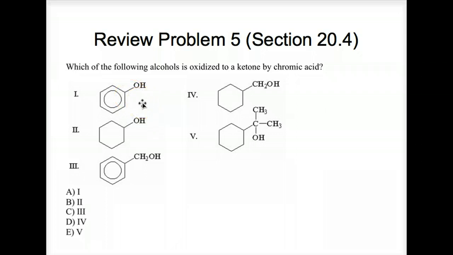It cannot be oxidized to a carbonyl group because there's no hydrogen on the carbon to which the OH is bonded, that one right there. In this case over here, this is a primary alcohol, so we can eliminate it. Chromic acid with a primary alcohol is going to form an aldehyde and then a carboxylic acid. This one down here, what kind of alcohol is this?